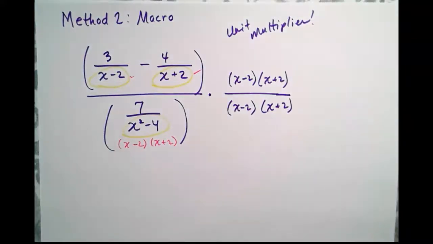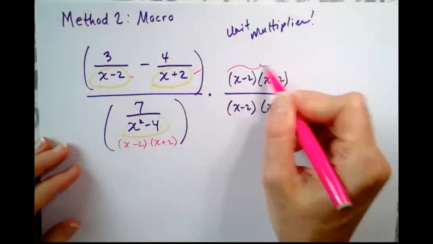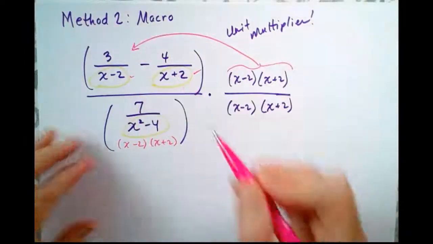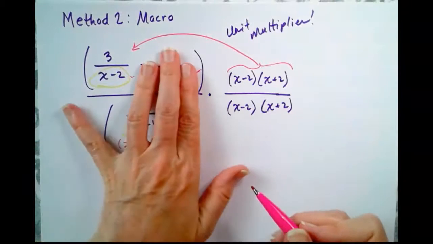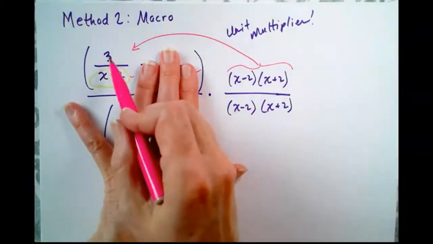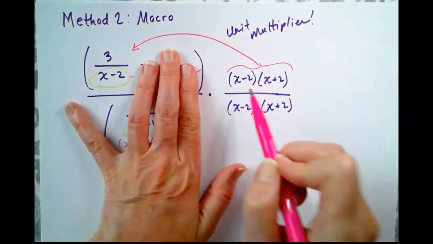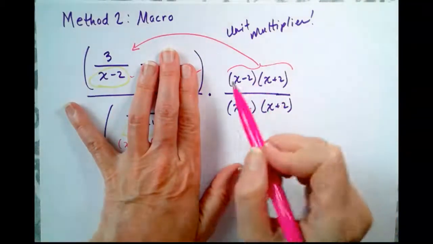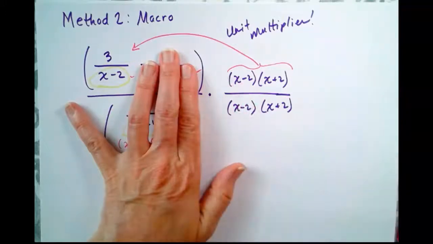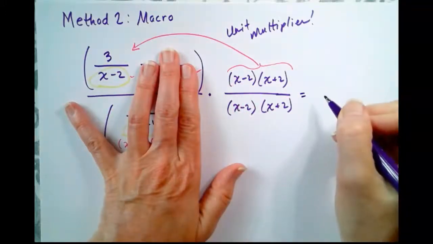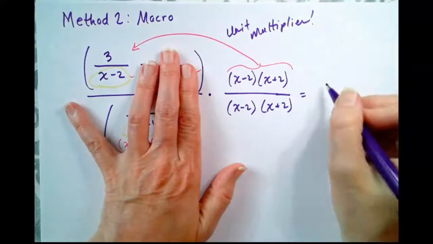We're going to use the distributive property. So all of that is going to get multiplied to this first fraction. So think about it. This is 3 over x minus 2 times x minus 2 times x plus 2. These x minus 2's will cancel, leaving us with 3 times x plus 2.